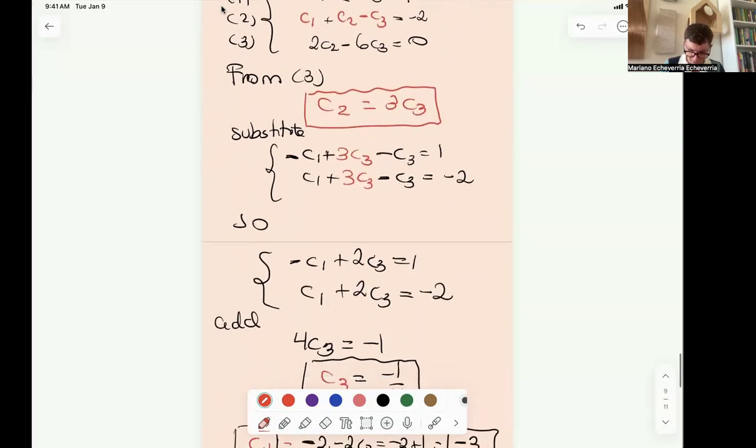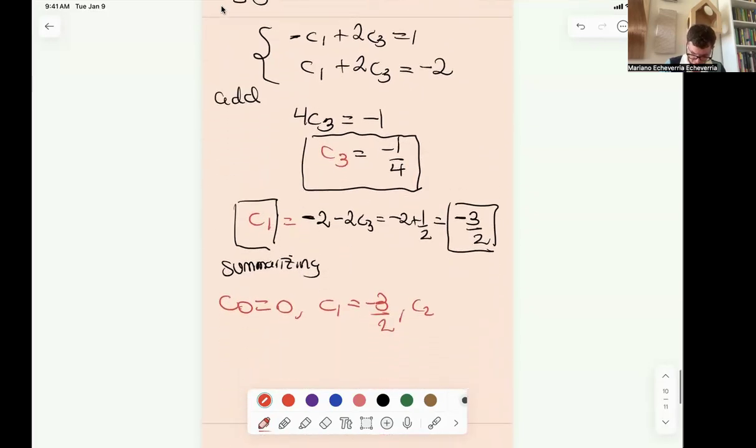C2 is 3C3, so that would be -3/4. And C3 is -1/4.